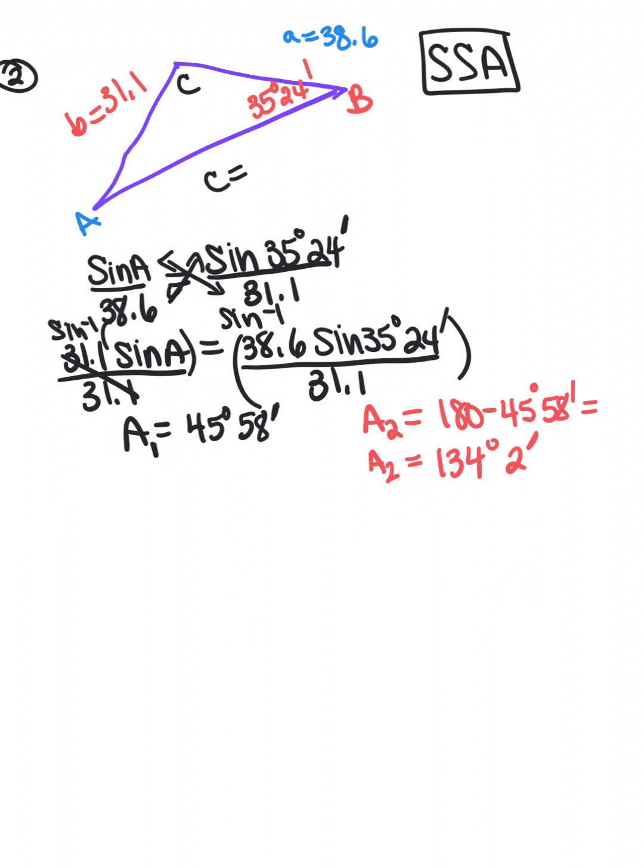Now, I would actually create 2 more triangles right underneath this. So for the first triangle, we're going to use A1 as 45 degrees 58 minutes.